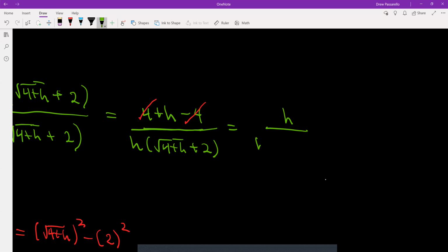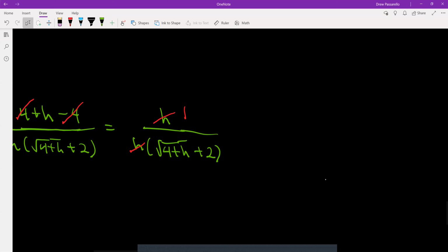And then h times the same thing on the bottom. And you'll see that I didn't distribute the h because I can divide h from top and bottom, which leaves me with the 1 up top. So this will equal 1 divided by the square root of 4 plus h, and then plus 2.